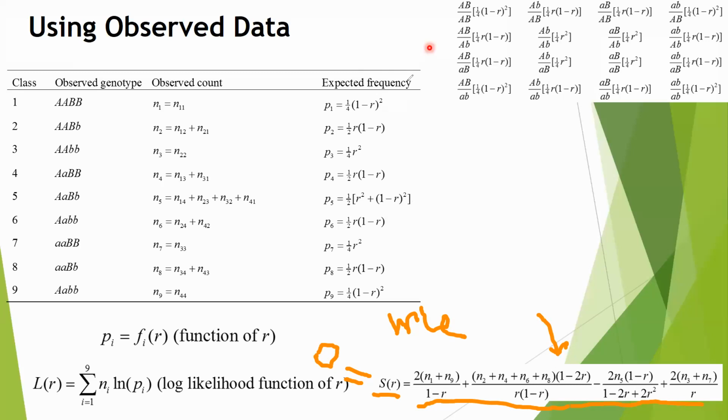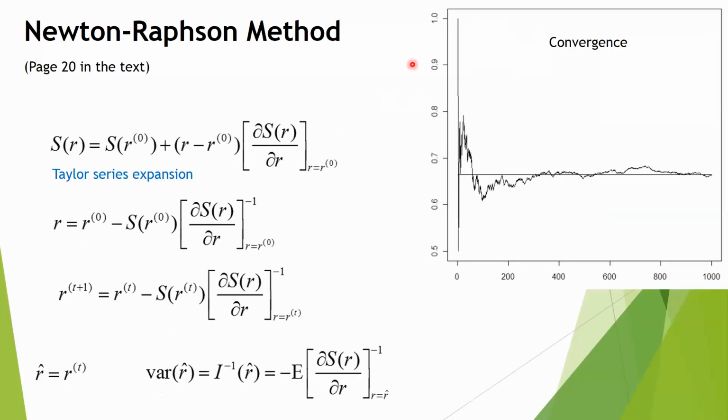So in the final exam, if I ask you a question like, in what situation you have to use something like the Newton-Raphson method to solve for R, to estimate the value of R, then this is the answer.